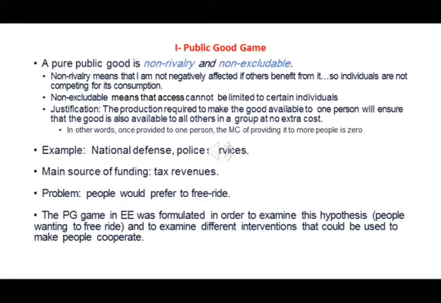So this should help you in thinking of your proposals, thinking of a problem, and how you can address it using behavioral interventions and the different games that we're going to talk about.